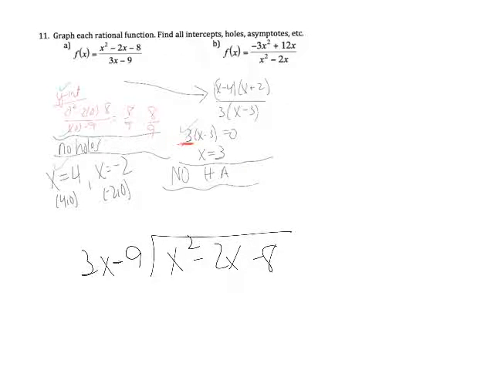You can do this with long division. What you would need is a 1/3 x here, because 1/3 times the 3 gives me a 3, and x times x gives me x squared. And then 1/3 x times a negative 9 is a negative 3x, right?